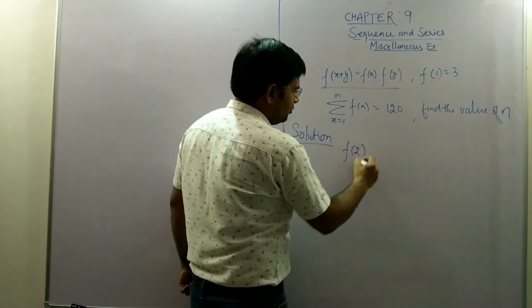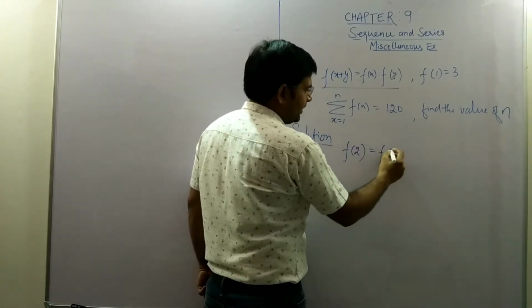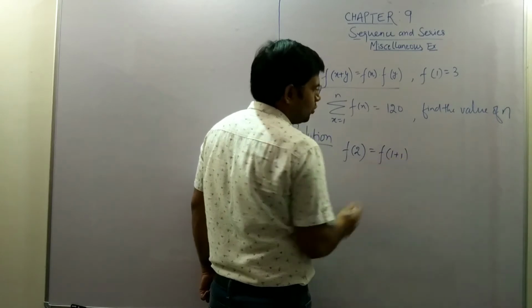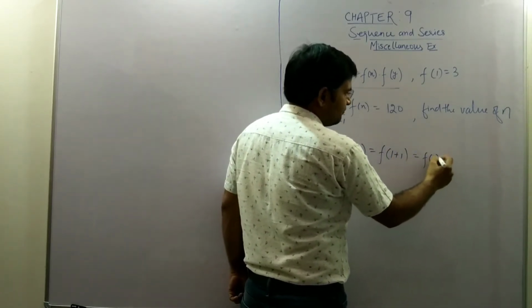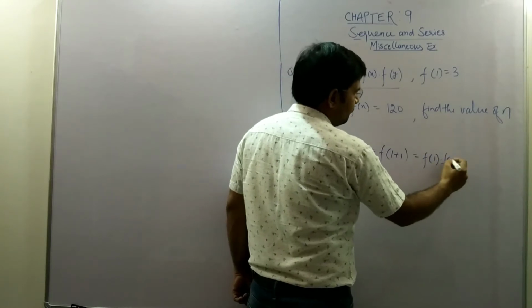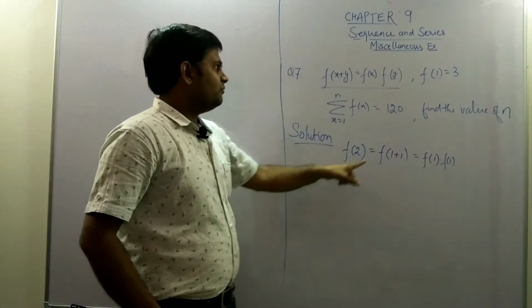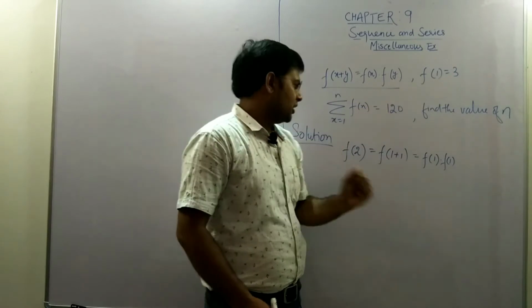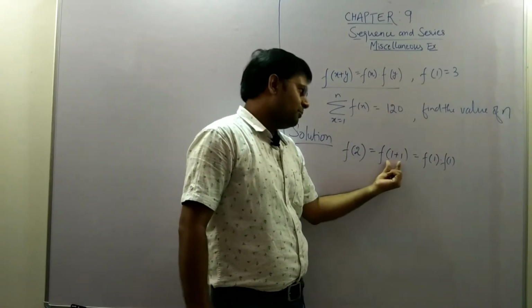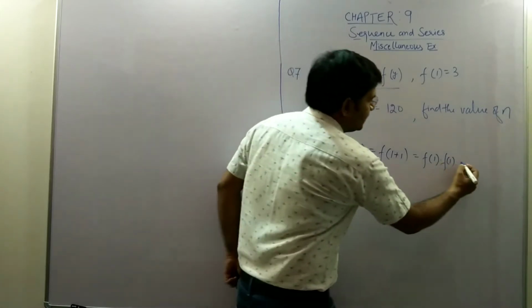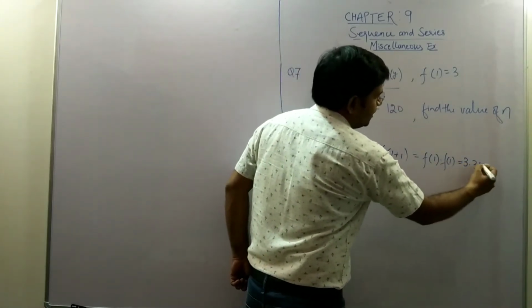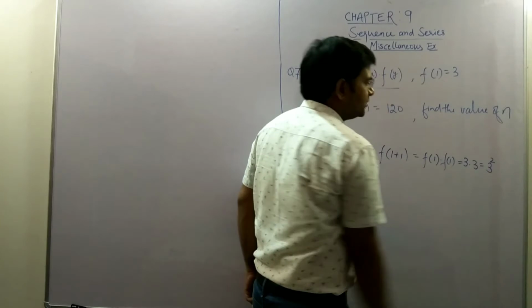See, f(2) can be written as f(1 plus 1), and according to this formula given to you, you can write this f(1) into f(1). Now f(1), the value is 3, so f(2) is f(1 plus 1), this is f(1) into f(1), so f(1) is 3 and this is 3, so this becomes now 3 square.